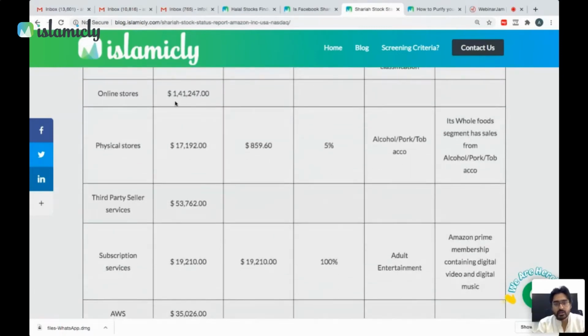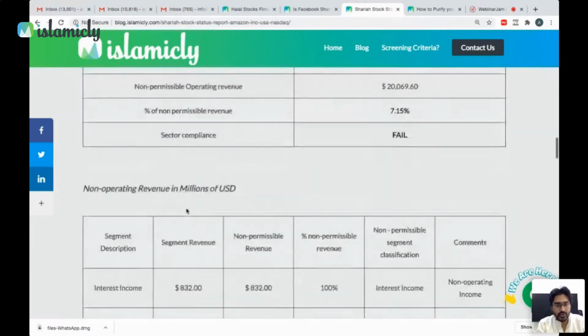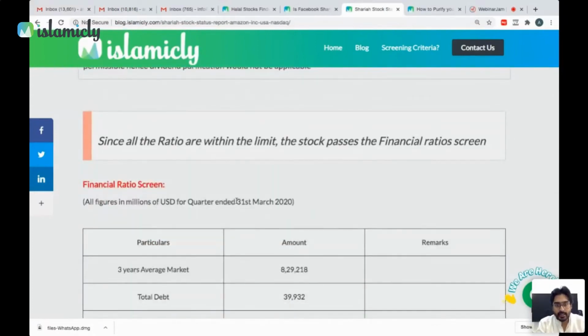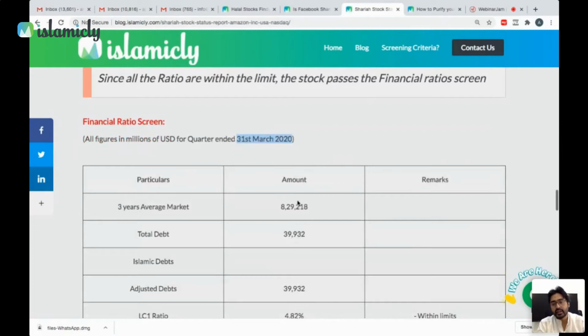In the annual financial report, such kind of detailed breakup is mentioned. But for financial ratio screening, the latest available financial number is taken. So while we were doing this on the 9th of July, we found out that on 31st of March 2020, the company has disclosed a quarter number, and we have taken that.